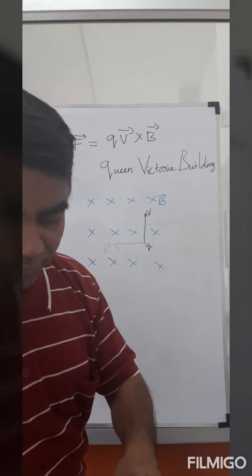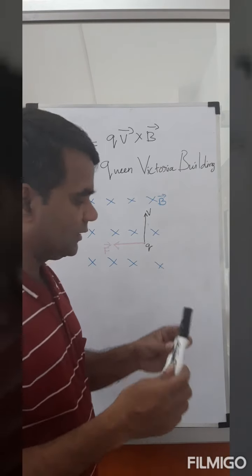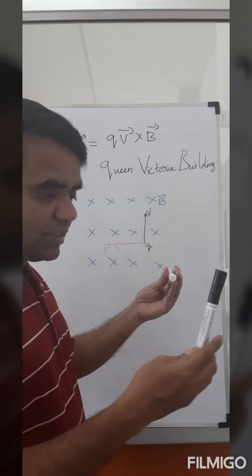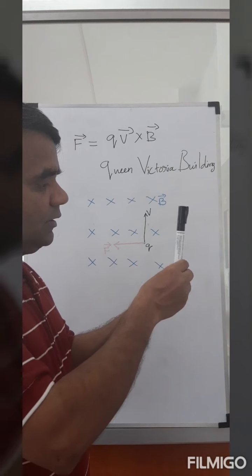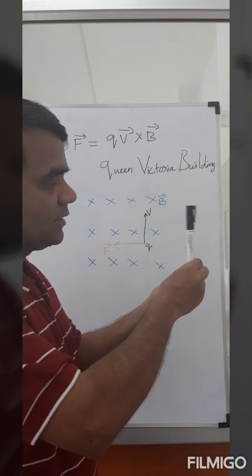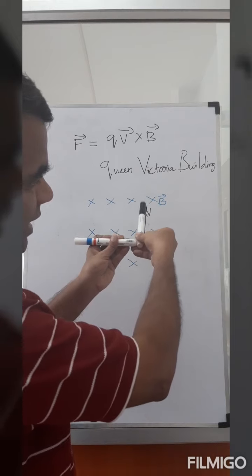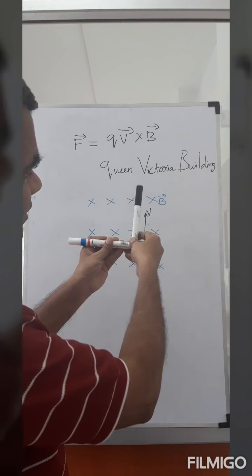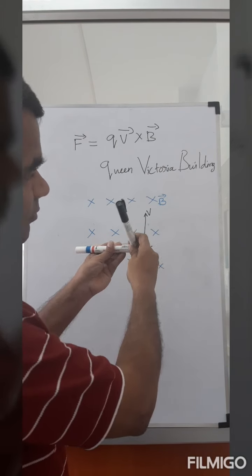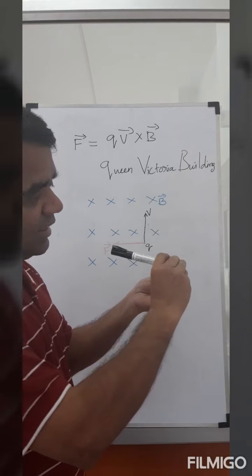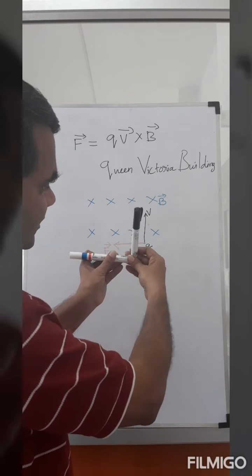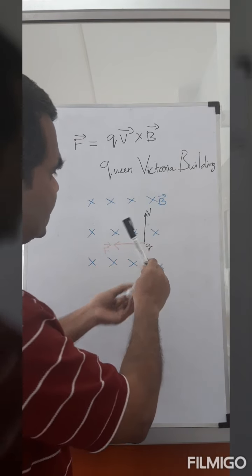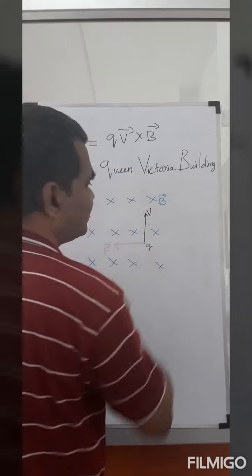This is B and this is V. As it bends, you notice the angle between V and B does not change at all. It is always 90 degrees. The angle between B and V is always 90 degrees, even if V changes this way.